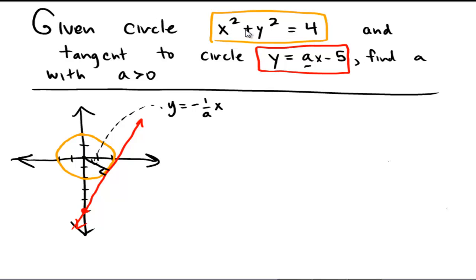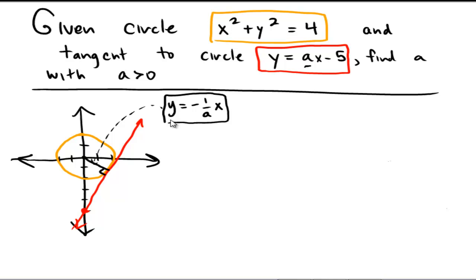Now we're going to try to find out where the tangent line intersects the circle. Or actually no, we're going to find out where this radius intersects the tangent line. That'll be a lot easier. So here we have equation number 1, y equals negative 1 over a times x.